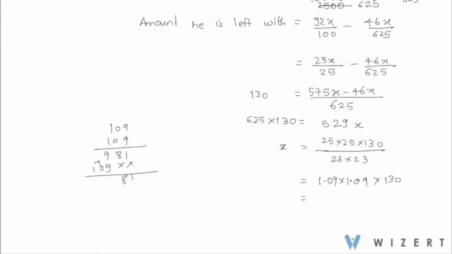So we have 18811. So we have 1.1881 into 130. Again, we can round it off to two digits after decimal point, and we are left with 1.19 into 130.